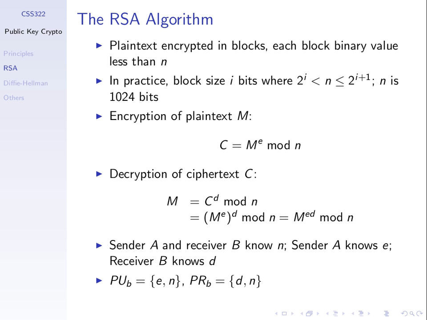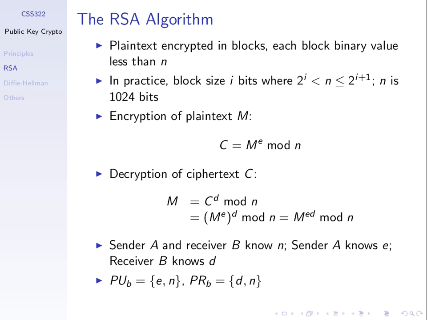So now equate these two equations. M to the power of ed mod n equals m. M to the power of the totient of n plus 1 mod n equals m. That is, for the equation on that side to be true, ed must be the same as the totient of n plus 1, because this exponent is the only difference.